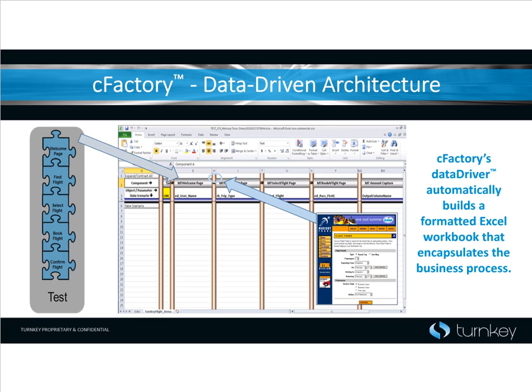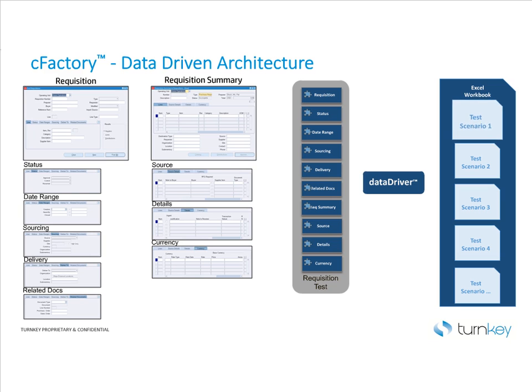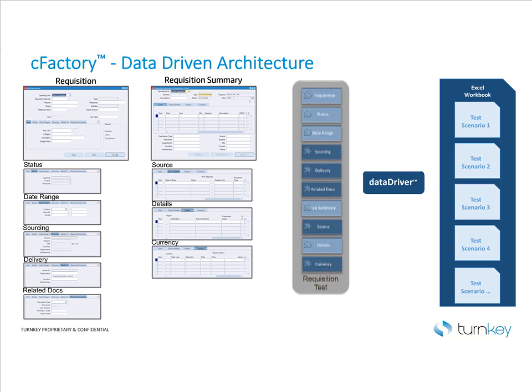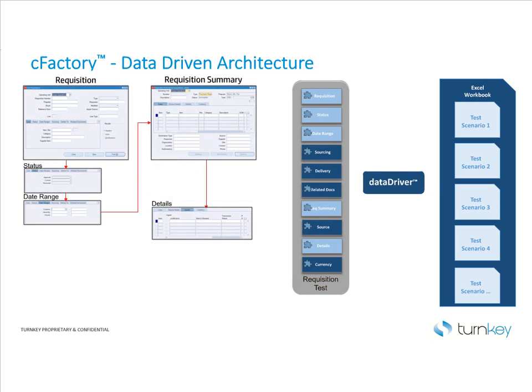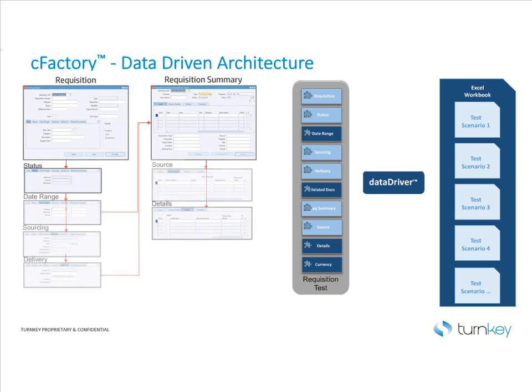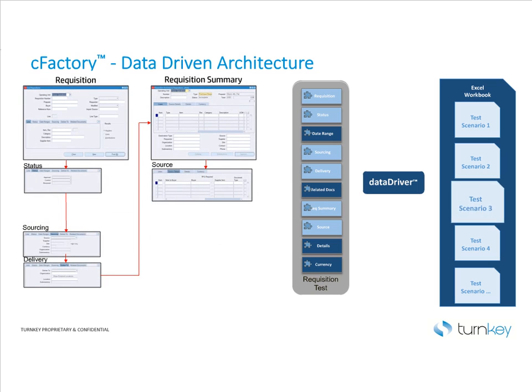So our data driver technology will build essentially data containers that encapsulate the entire business process, and then we feed that with data that's provisioned through TDM. And this data-driven architecture accomplishes a few other really important things. From an end-to-end business process perspective, it's critical that you have the ability to test all of the business logic in an application.